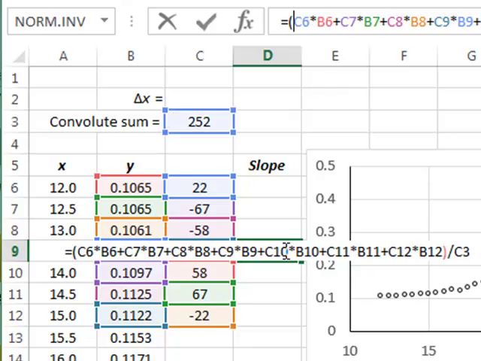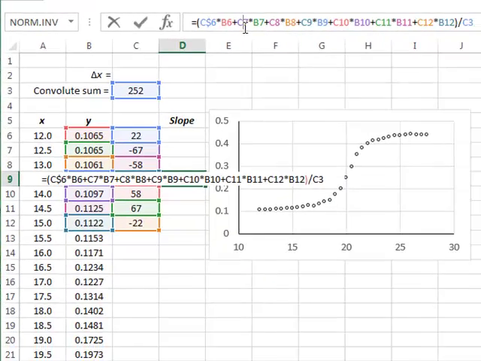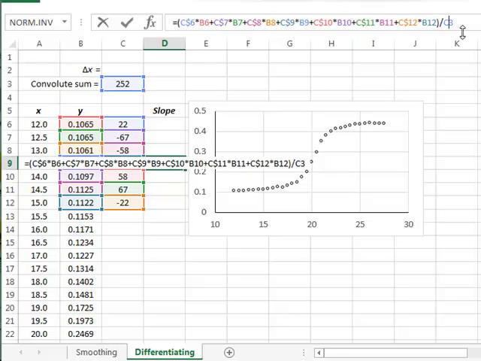As we're going to copy this formula down to different rows, we have to lock the row values for convolute references. So we need a $ sign in front of the 6 in C6 and in front of the 7 in C7 and so on, and also in front of the 3 in C3, and we can enter.